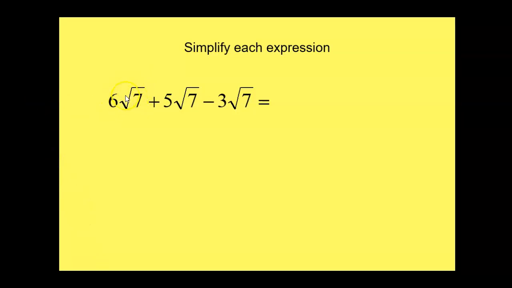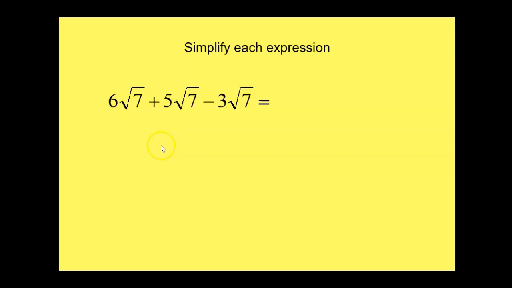So this first example has three different radicals that we're adding and subtracting. Notice here that the square root of 7, the square root of 7, and the square root of 7, all of my radicals have that. So when we're adding and subtracting radicals, we do have to have like terms.